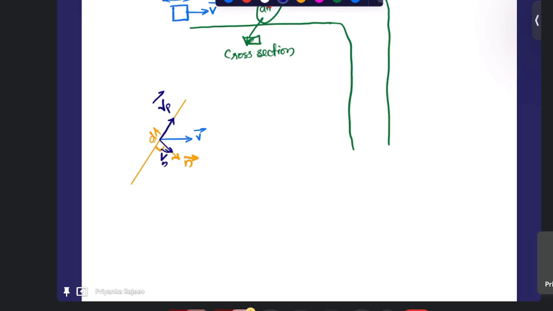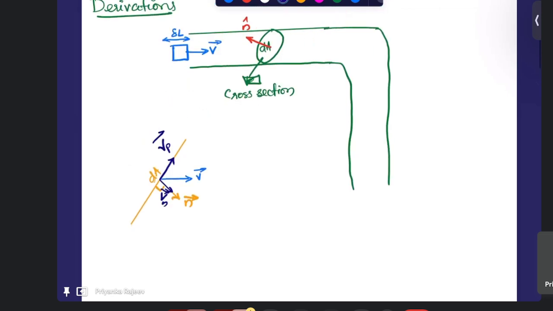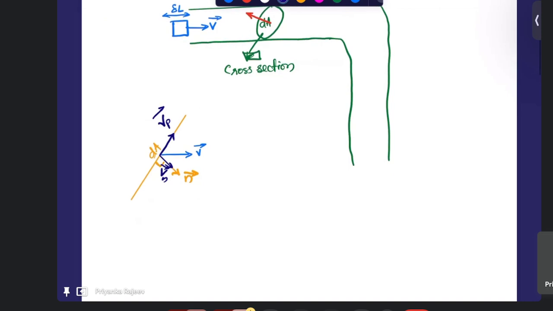So this vn component of velocity, which is aligned along the normal of the area element or the cross section plane of the pipe, is what actually takes the flow element into the cross section.